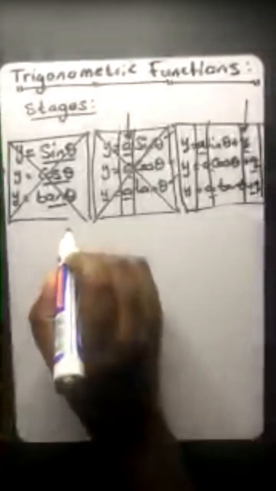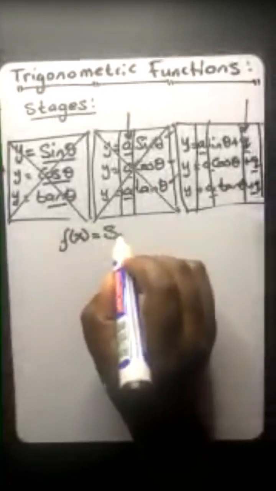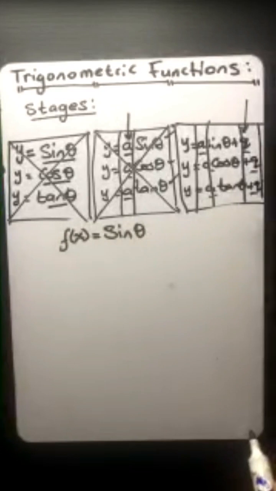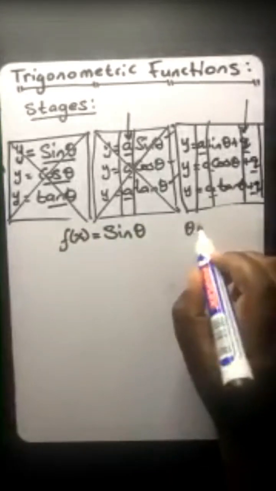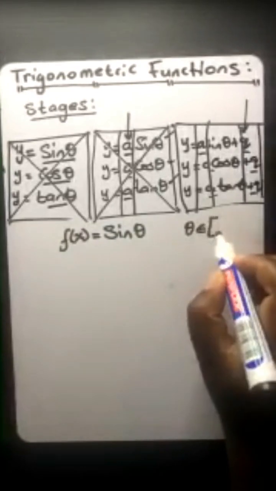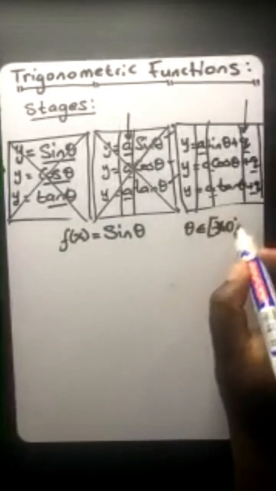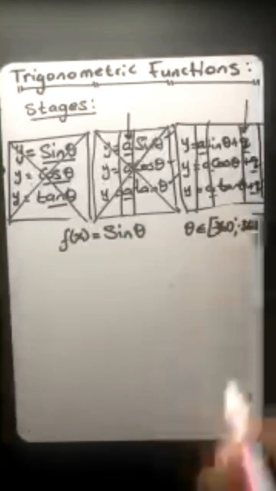Let's say you are given f of x, which is equal to, let's say, sine of an angle. And it won't end there. They are going to say where the angle is an element of negative 360 degrees and positive 360 degrees.